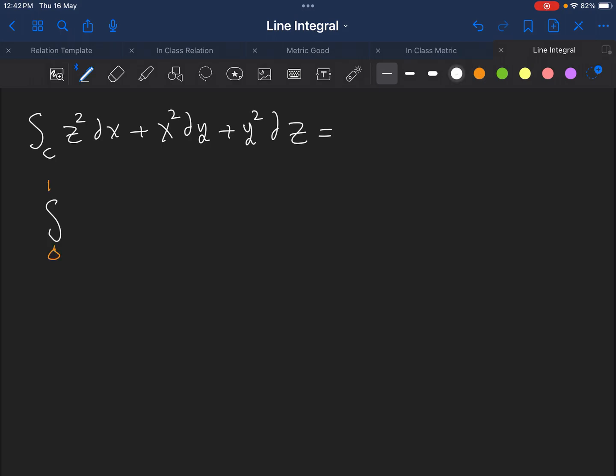Now the first z, I put the parameterization of z, which was 2t, times dx. I'll replace it with the derivative of x, which was 3. So I get this one. Plus, now the second part will be 1 plus 3t times the derivative of y.